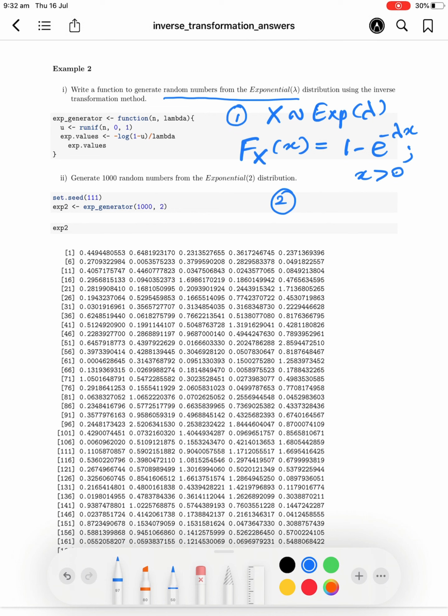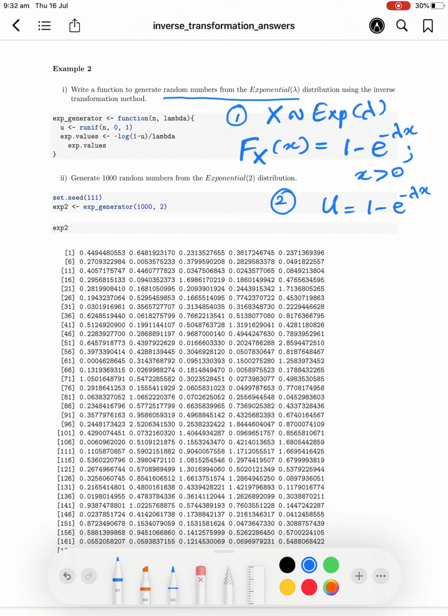Next, you have to derive the inverse of Fx. So this is u equals 1 minus e to the power minus lambda x. You have to solve this equation for x.